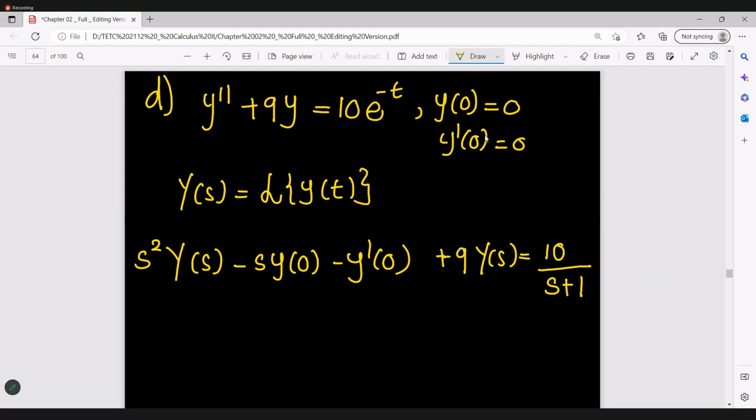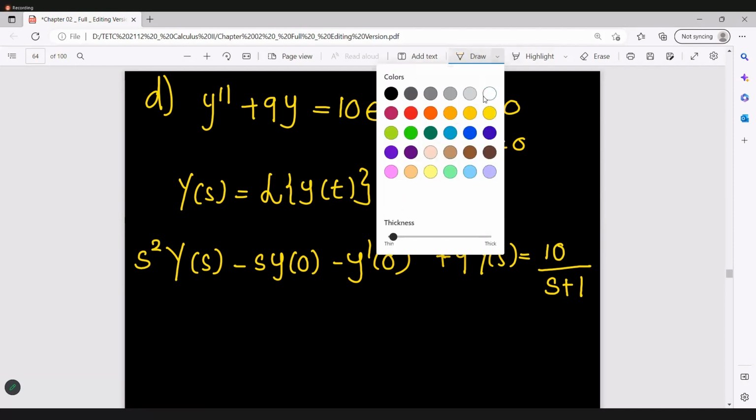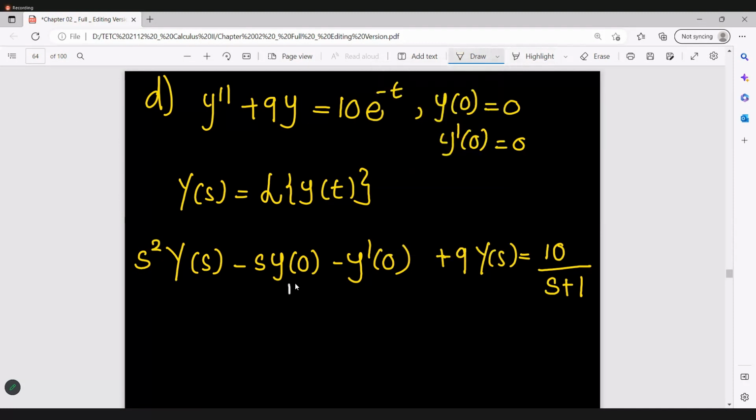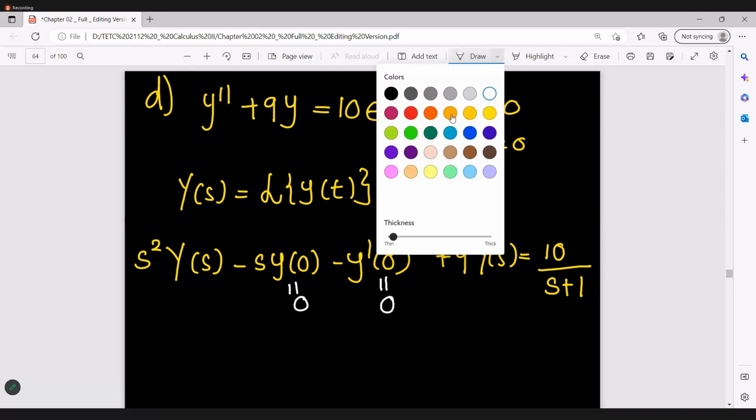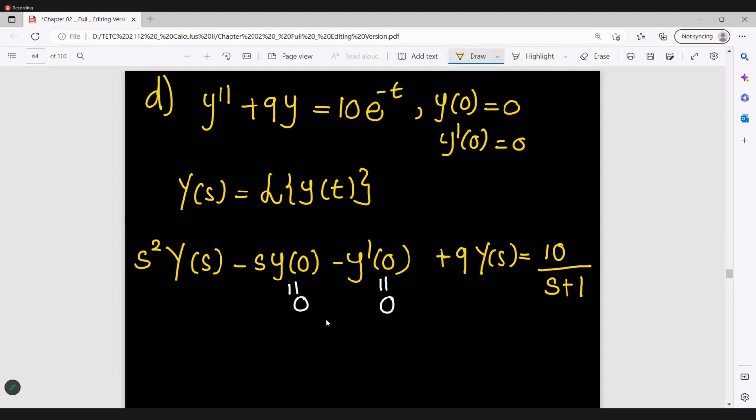So we can substitute the initial conditions. This is 0. This is 0. So we will obtain the expression as s squared plus 9 times capital Y of s is equal to 10 over s plus 1.